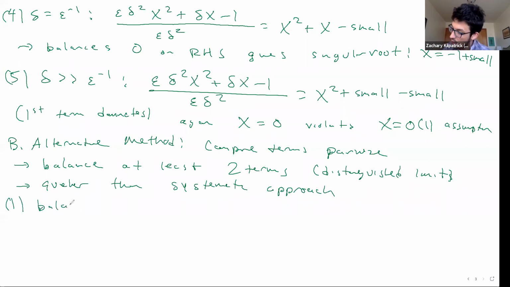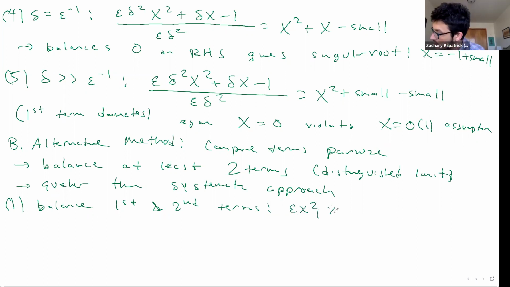So in the case of our problem, right, we might try and just balance the first and the second terms, okay? What do I mean by this? I mean, look at the first and second terms: epsilon x squared and x, right? So this must mean that I need to take x to be something of order epsilon to the minus one, okay?